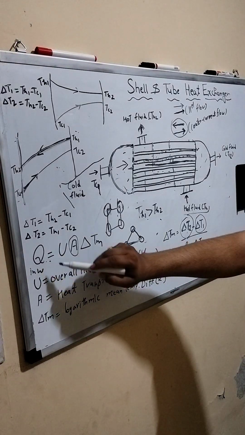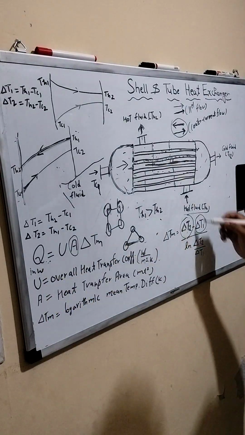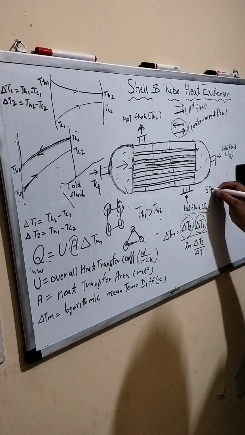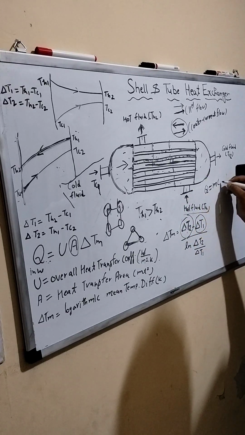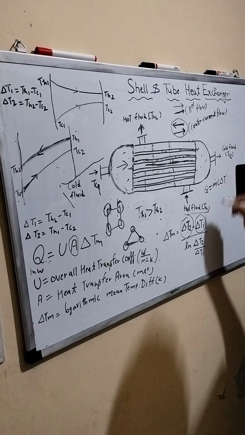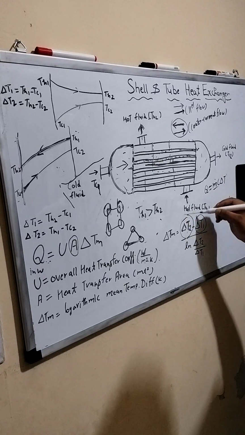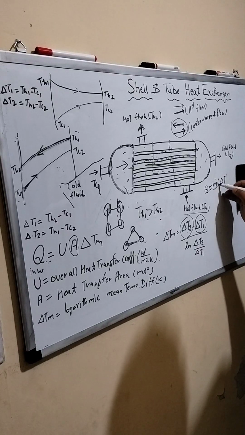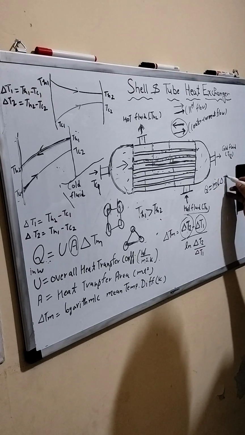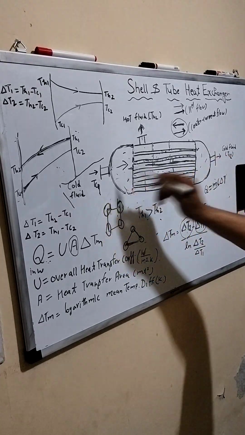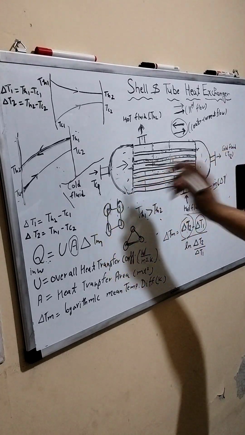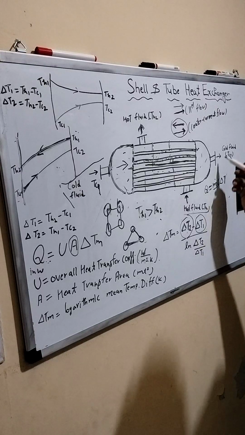And how do you calculate Q? The simple formula is Q equals m c delta T. M is the flow rate of the hot fluid or the cold fluid, you can take either. C is the specific heat capacity, and delta T is the difference for the same fluid between both ends.